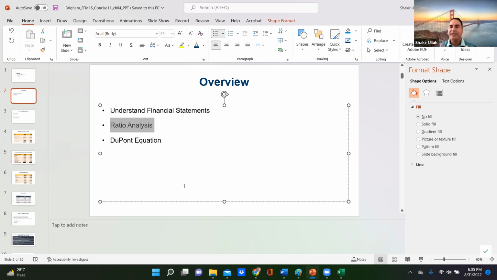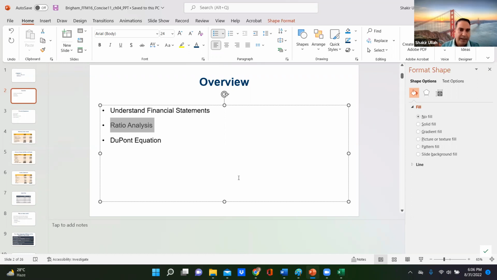Now this 6% is a ratio because we divide one number by another number, but that gives us a better idea to understand the overall situation. So when we do ratio analysis, we will be primarily dividing one number by another number, and that will make it more meaningful as compared to looking at the raw numbers.